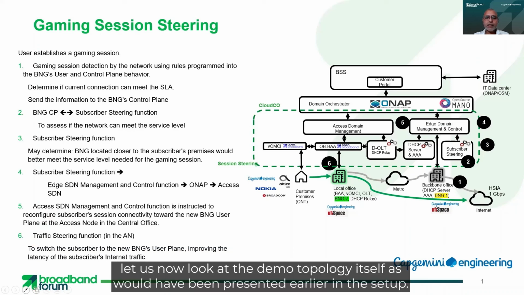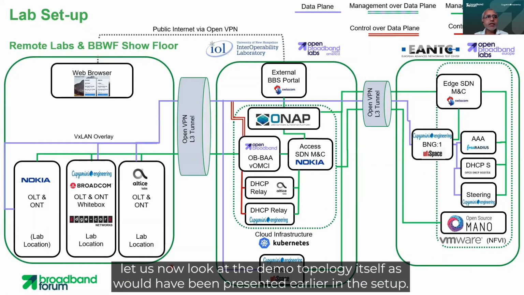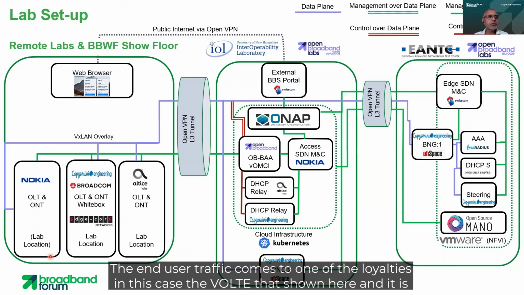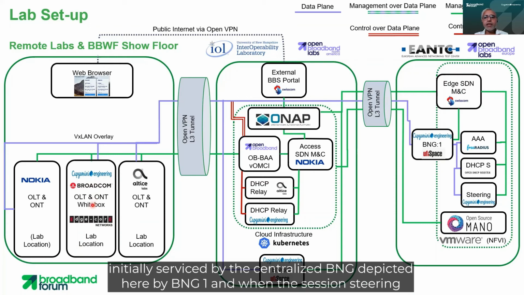Let us now look at the demo topology itself. As would have been presented earlier in this setup, the end user traffic comes to one of the OLTs, in this case, the OLT that's shown here. And it is initially serviced by the centralized BNG, depicted here by BNG1.